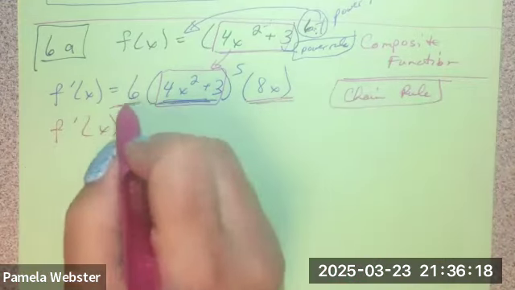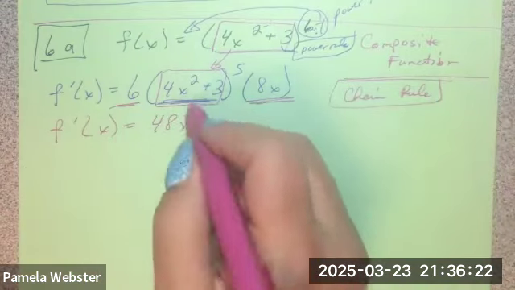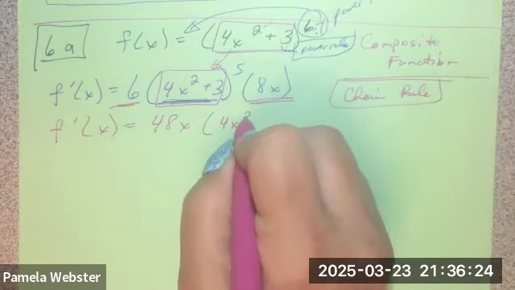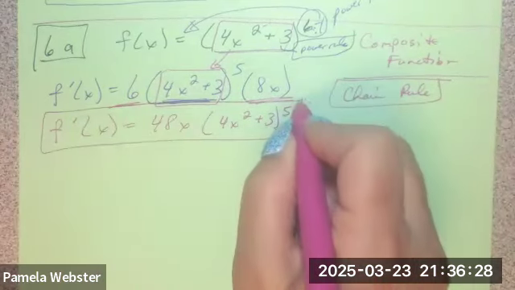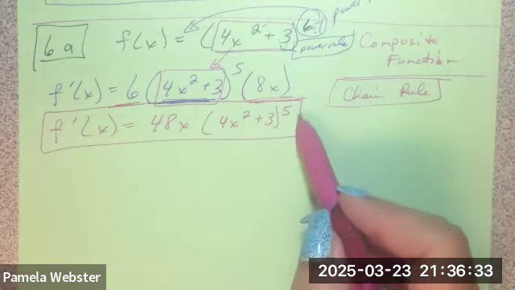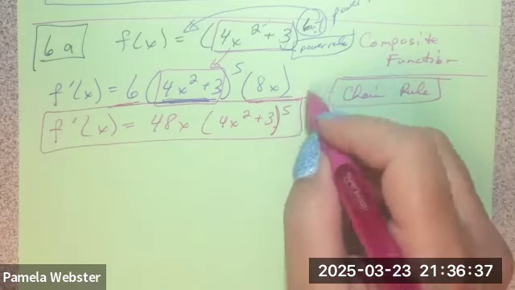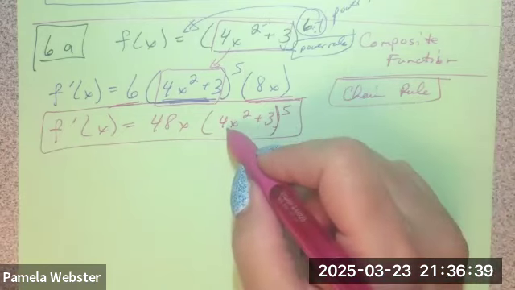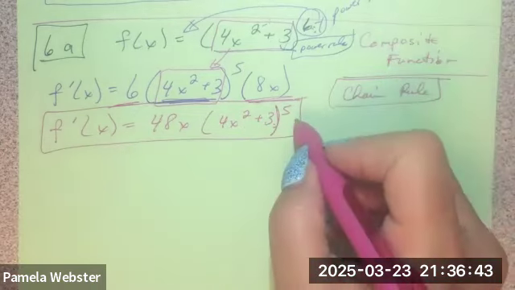I see I've got an 8x and a 6, and I can multiply that to make it 48x. And then here, all the stuff on the inside just stays there, raised to the 5th power. And again, if that had been 600 up there for the power, now I've got 599. I don't know about you, but I'm not going to waste my time multiplying 4x squared plus 3 times itself 599 times.